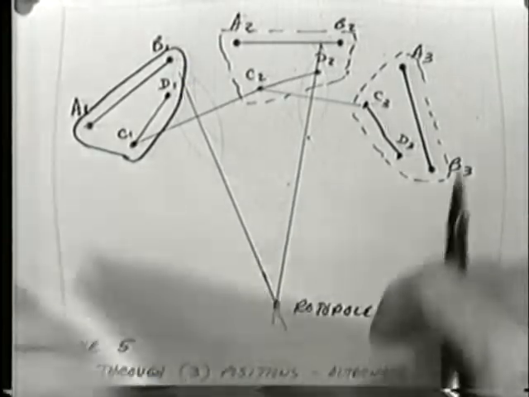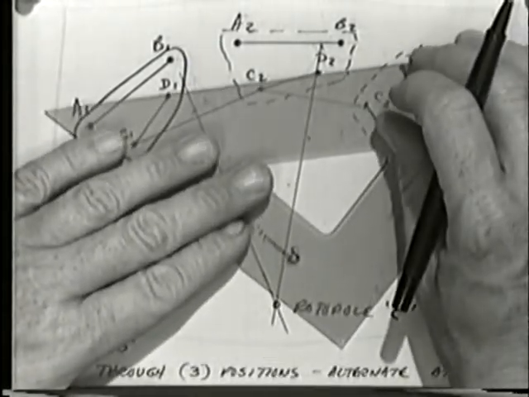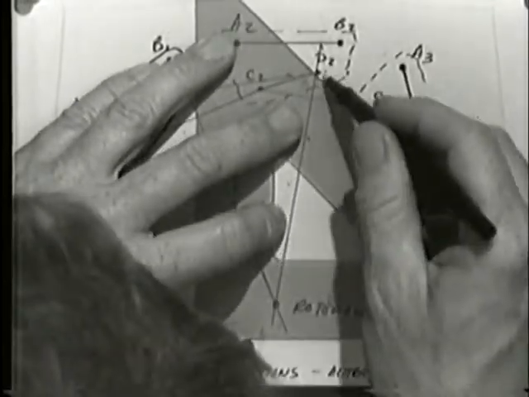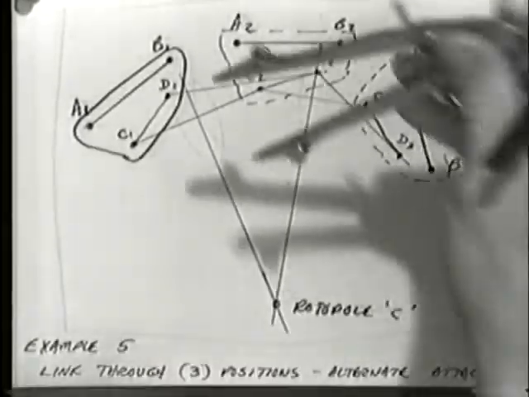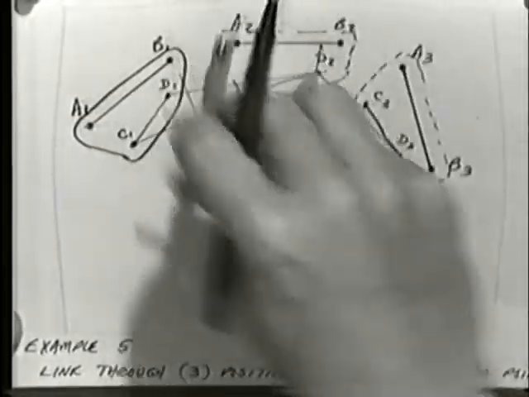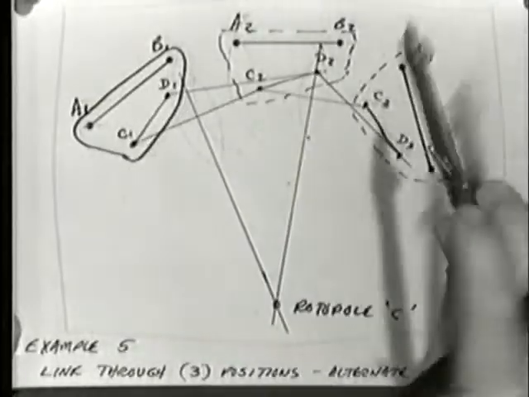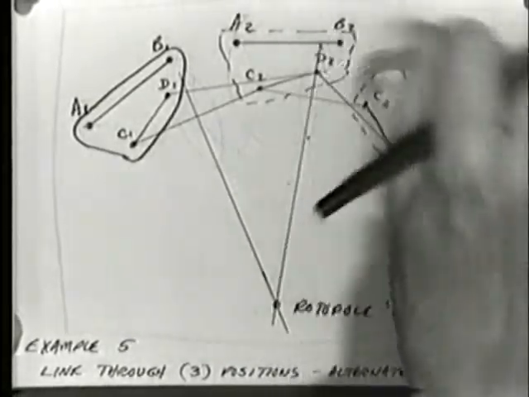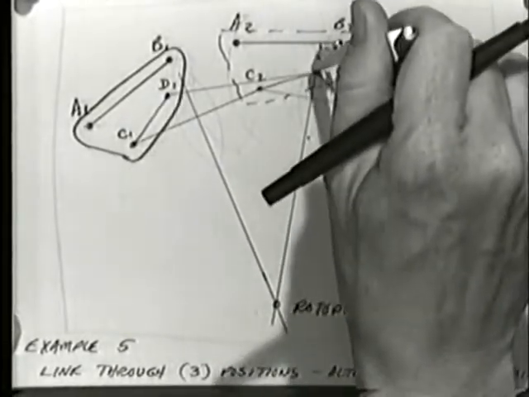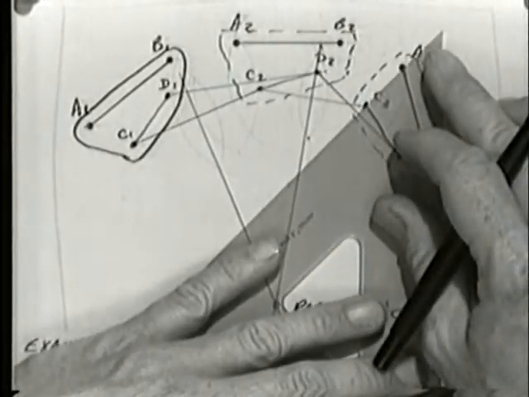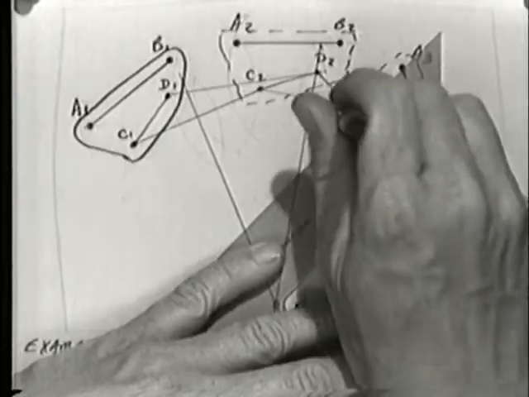And do the same technique for D. D1 to D2 is that line. D2 to D3 is that line. Get the perpendicular bisectors, find their intersection.